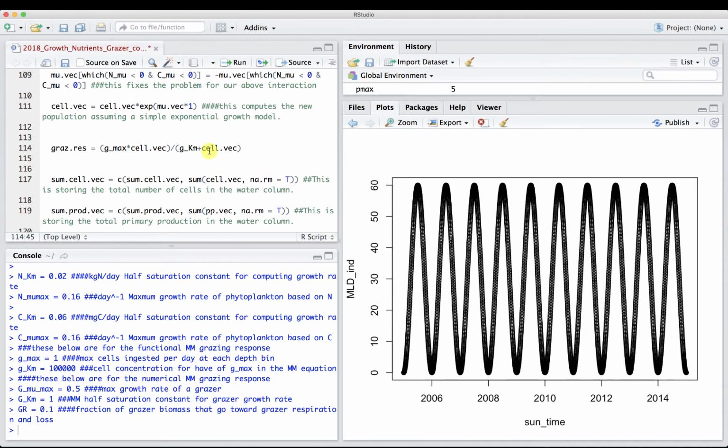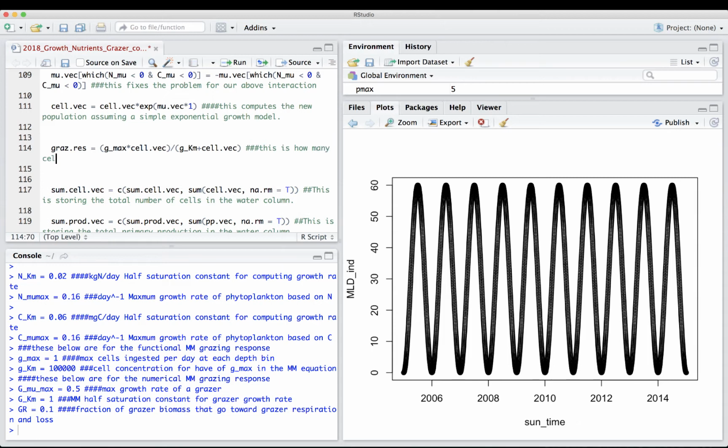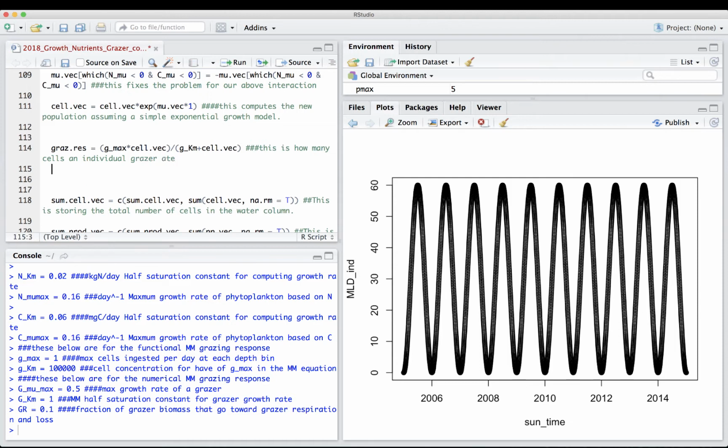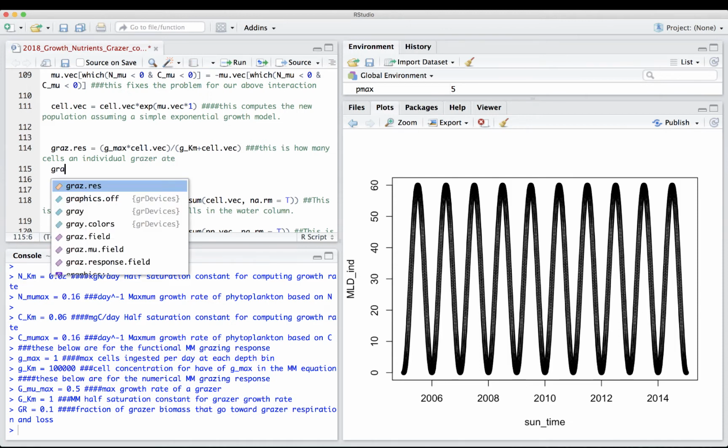Right? So this is how many cells an individual grazer ate.